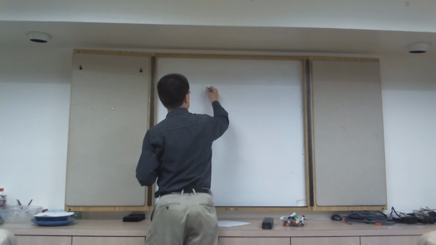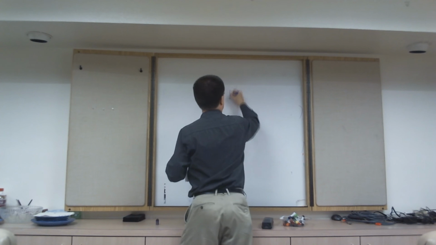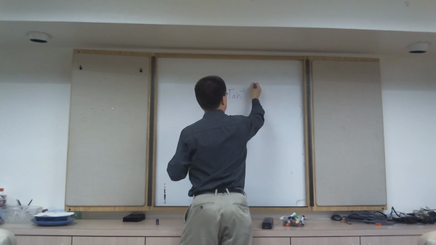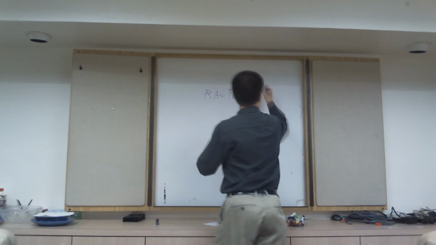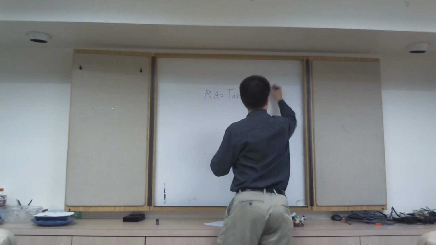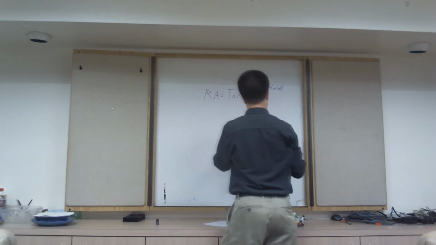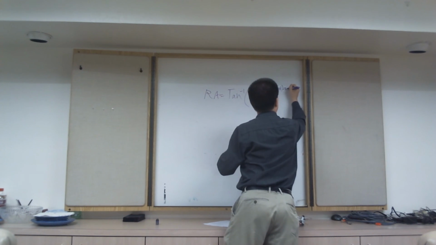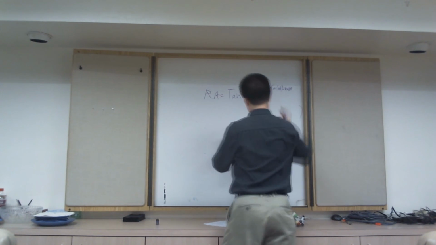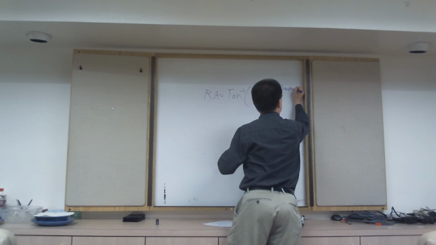So right ascension, RA, will equal the arctangent of sine of lambda times the cosine of the obliquity of the ecliptic, OBL, minus the tangent of beta times the sine of the obliquity of the ecliptic, OBL.